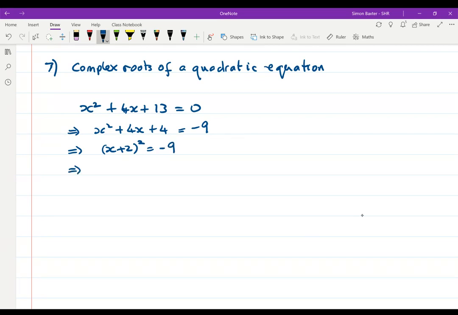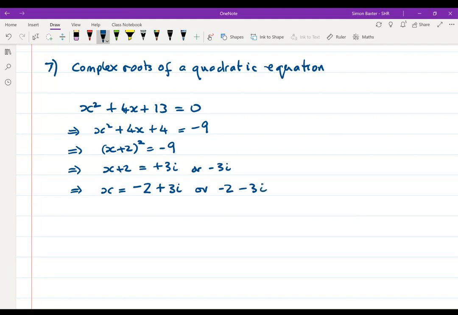Take the square root, you get x plus 2 is plus 3i or minus 3i. The square root of 9 is 3, plus or minus, and the square root of minus 1 is i. This gives us that the roots of our equation are minus 2 plus 3i or minus 2 minus 3i.